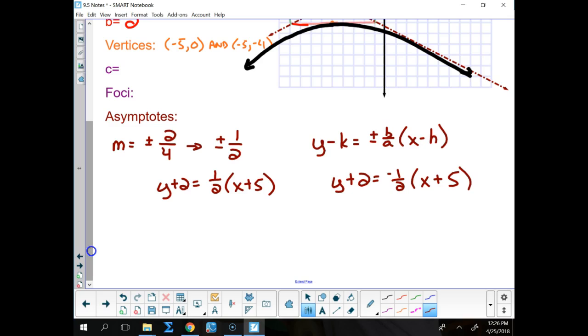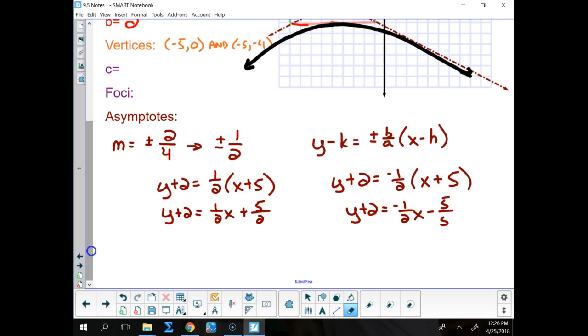So that is y plus 2 equals 1/2 x plus 5/2. Y plus 2 equals negative 1/2 x minus, oops, I almost put minus 5/5. That would be silly. Minus 5/2.